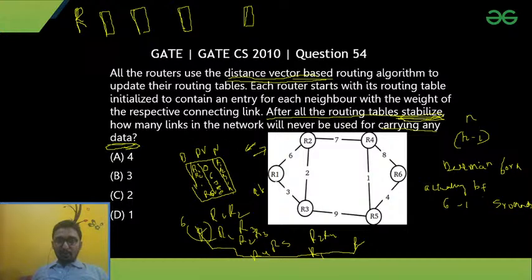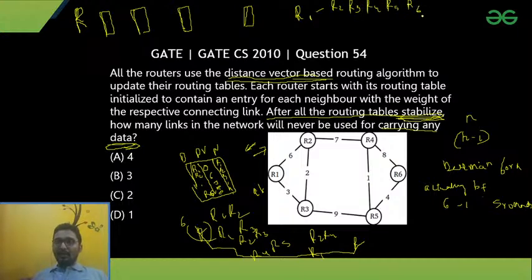So we will directly try to solve this problem by intuition, and we can check which links are not used anyhow. That is simple. How can we do that? To solve this problem more optimally, suppose you are finding distances from R1 to R2, R3, R4, R5, and R6.